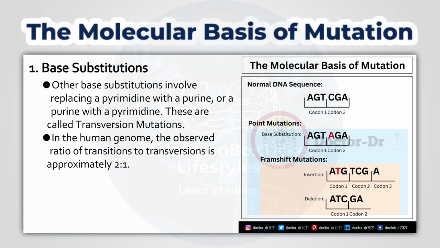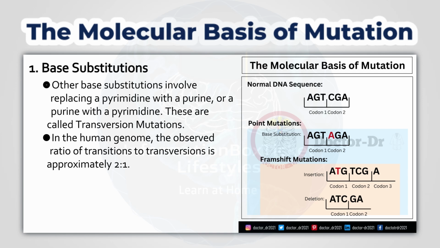B. Missense mutations. Missense mutations, also known as non-synonymous mutations, occur when nucleotide substitutions in protein coding regions lead to a change in the amino acid sequence of the protein. Such mutations can have significant effects on protein structure and function, depending on the nature and position of the amino acid substitution.